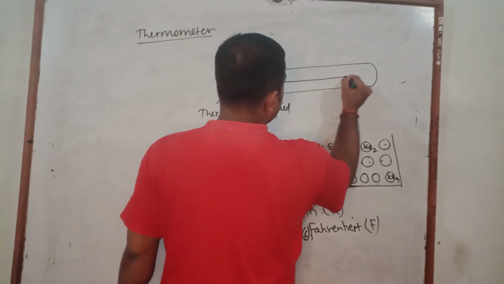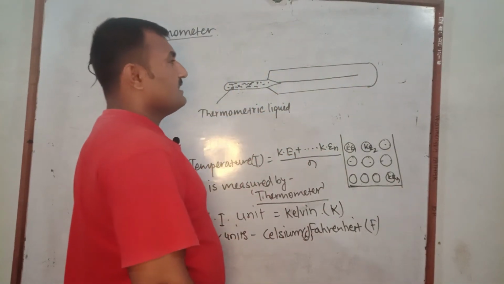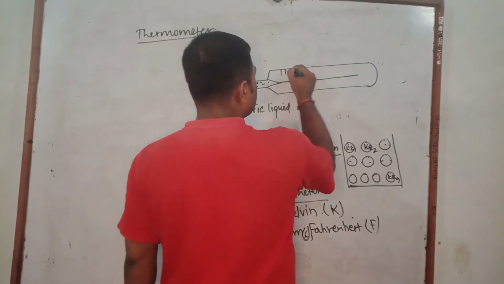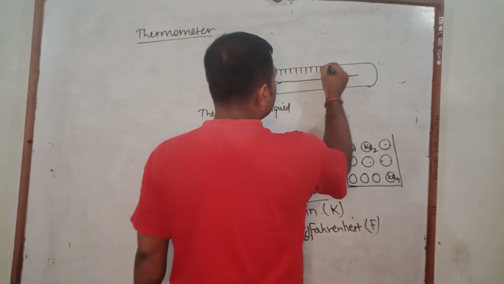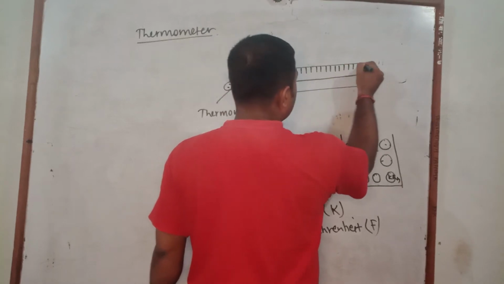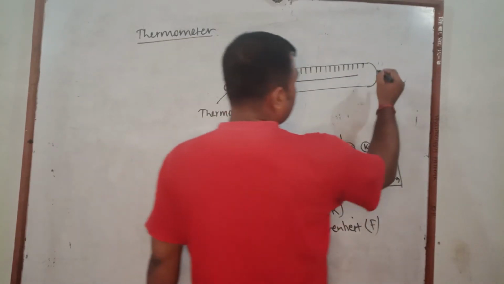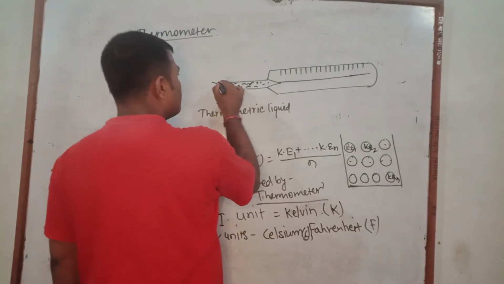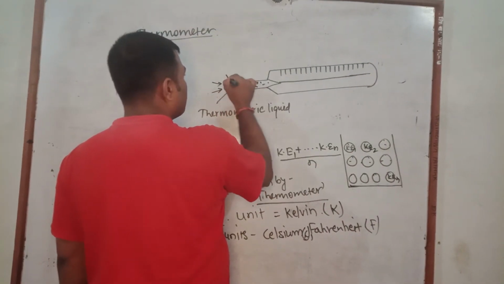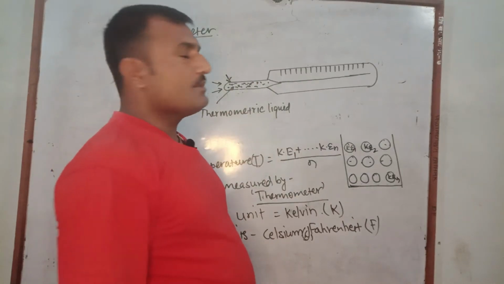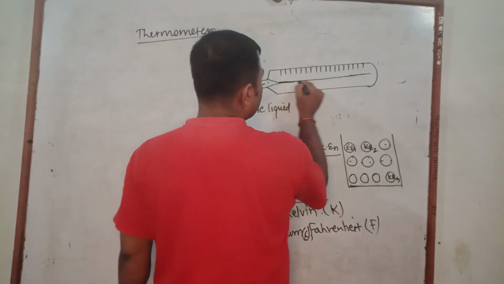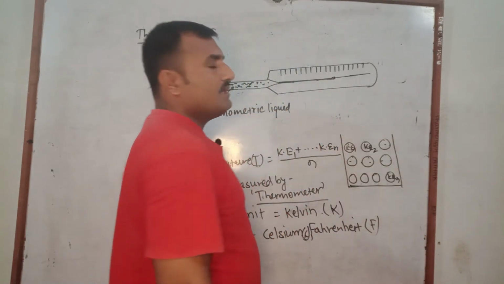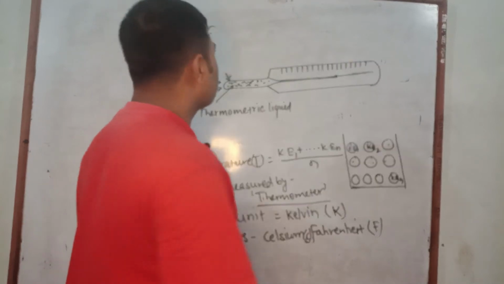A capillary runs inside the cylindrical glass tube, and calibration is marked on it. When heat energy is absorbed by the thermometric liquid, it expands, and the level up to which it rises is known as the temperature of that object.